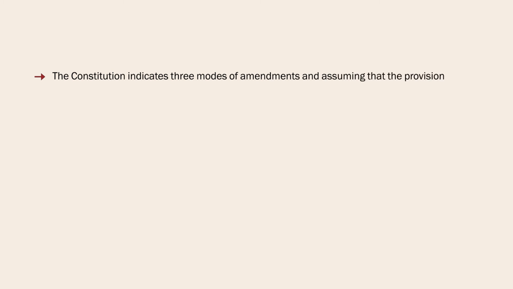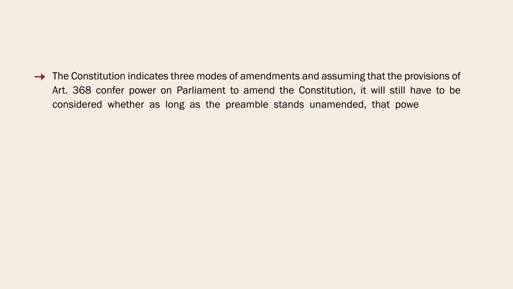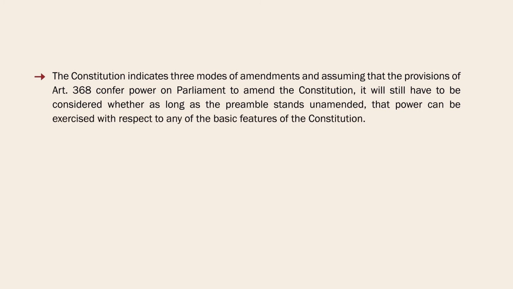Justice Mudholkar, in his opinion, said, the Constitution indicates three modes of amendment, and assuming that the provision of Article 368 confers power on Parliament to amend the Constitution, it will still have to be considered whether, as long as the preamble stands unamended, that power can be exercised with respect to any of the basic features of the Constitution.